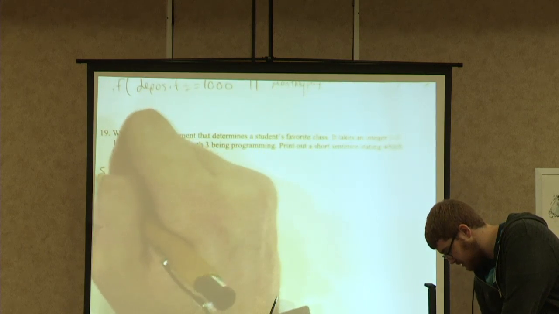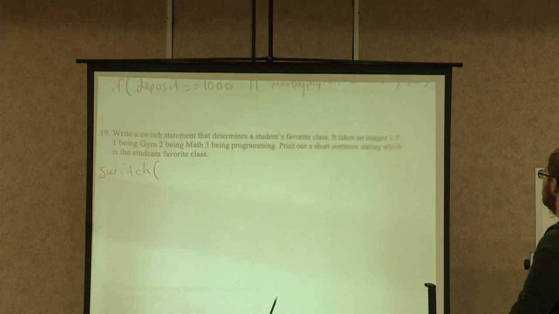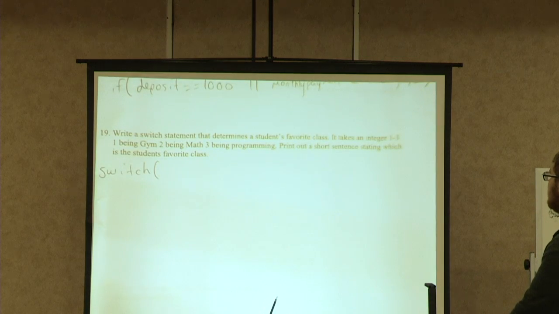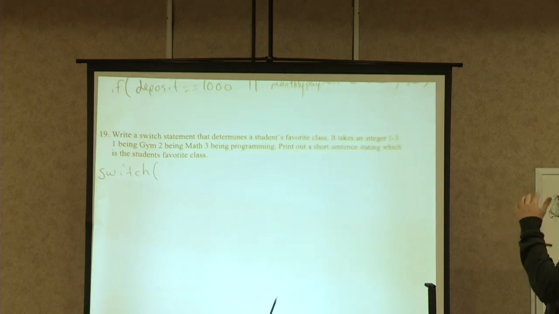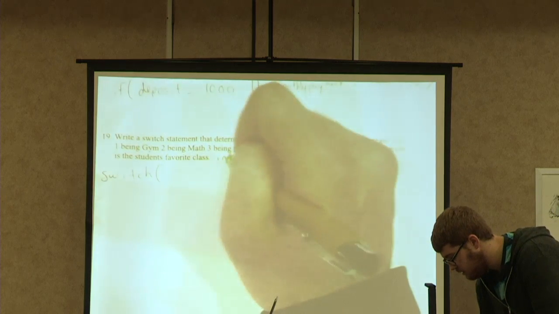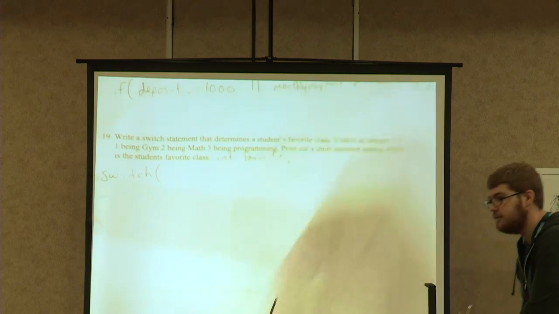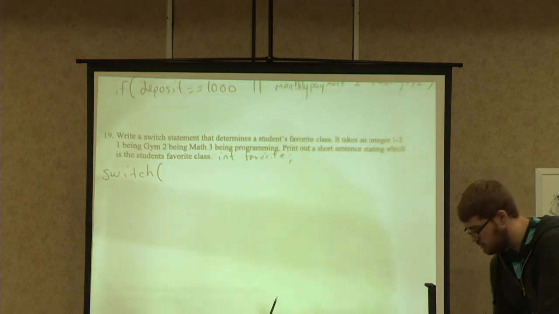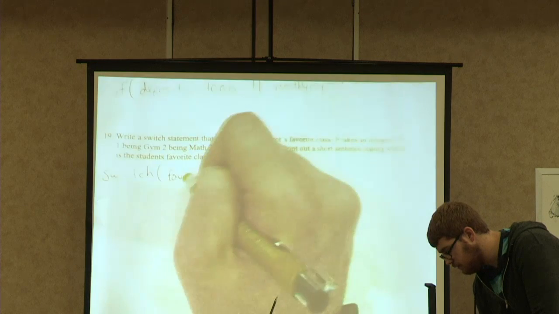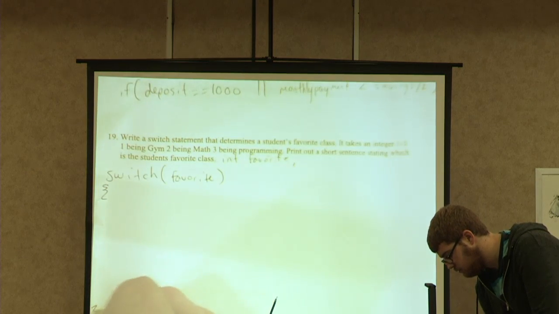So we start it with just switch, and then you have your variable. Say if you just want to make it like a choice picker, you just use your variable. We can assume that favorite is a variable, and it was already scanned for and everything. So switch, we're going to put favorite in here. Then we're going to open up our brackets.